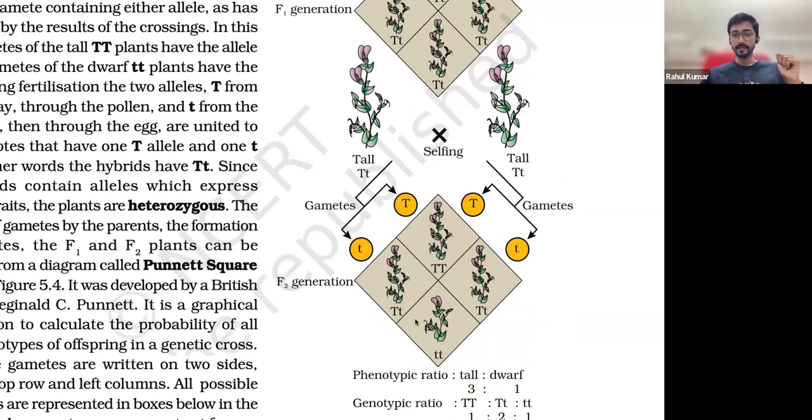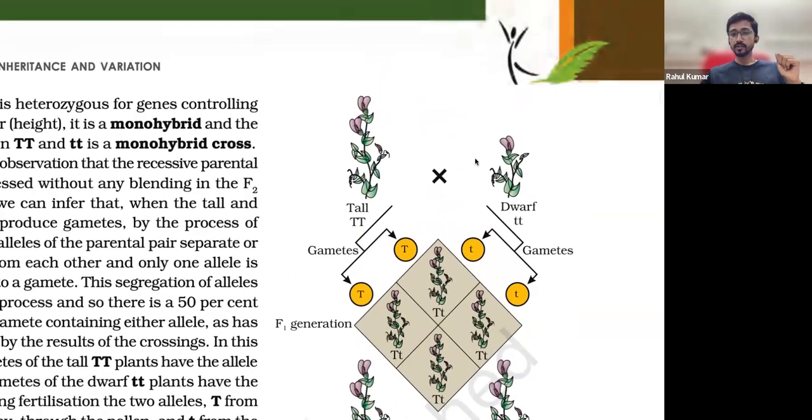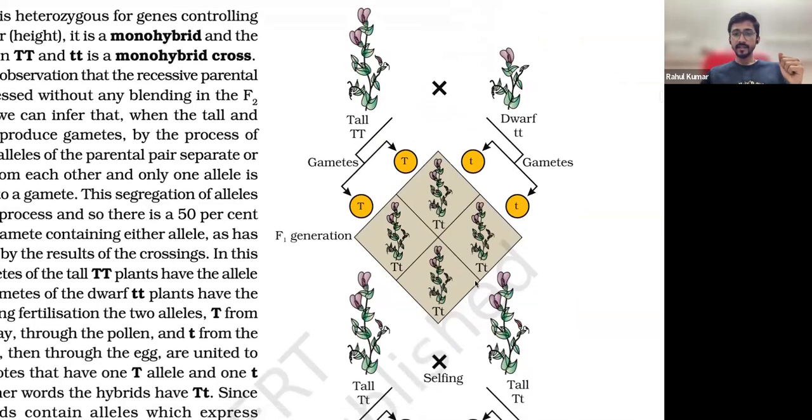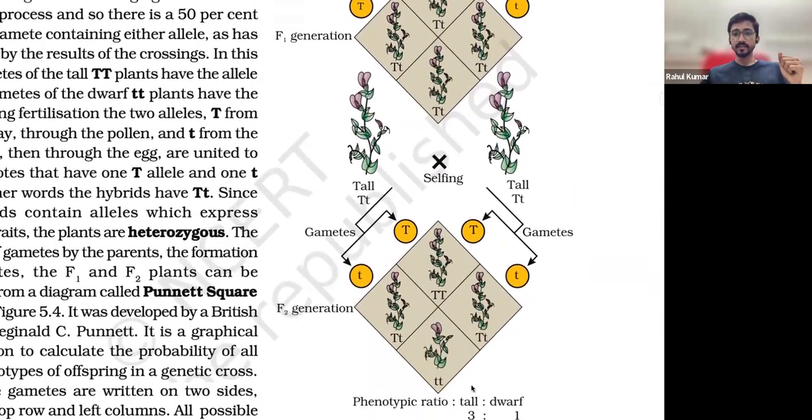Yes. So do you see the pattern that this dwarf, which is the recessive character, was present in one generation, then skipped the other, and then again expressed itself in the third generation? So recessive traits skip generations. Does that make sense?